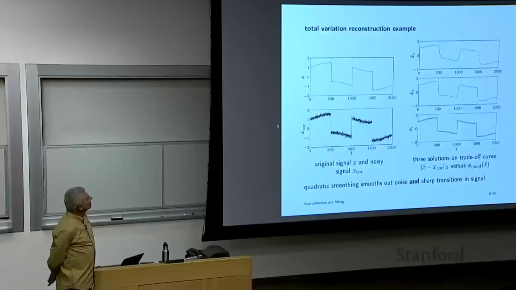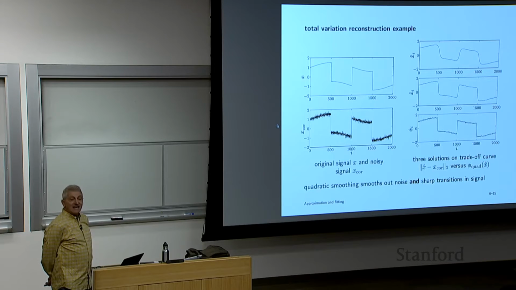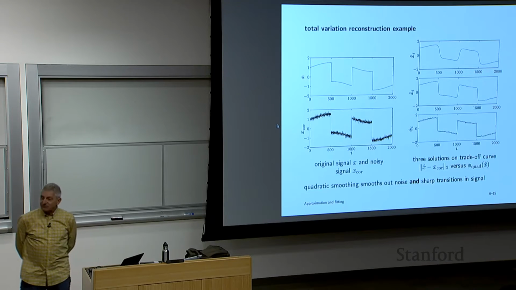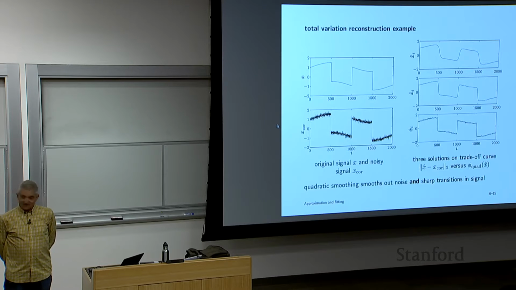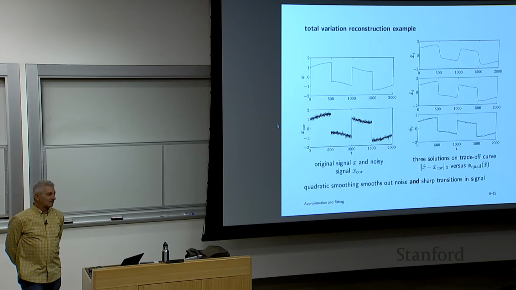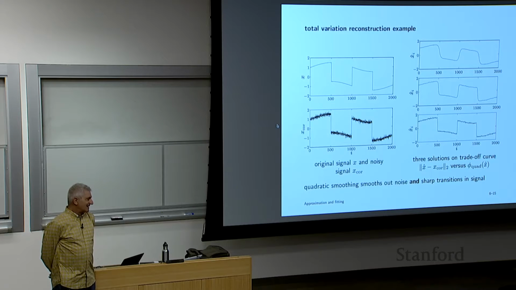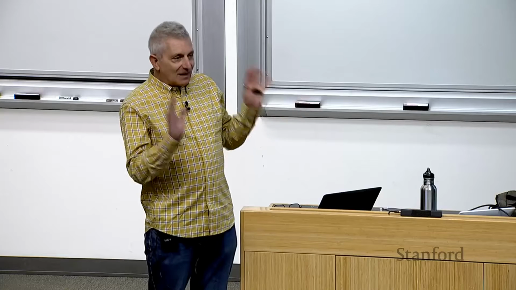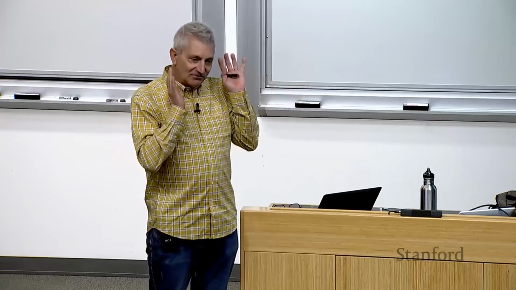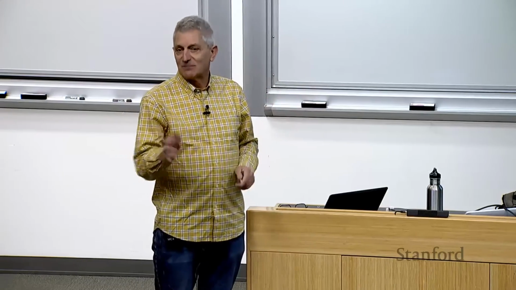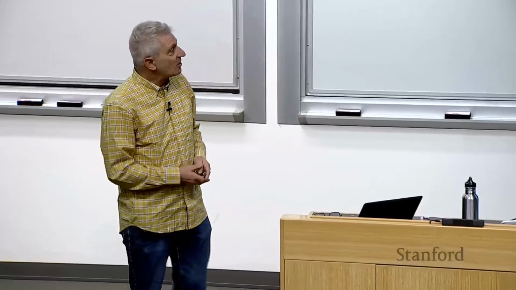Now, when your penalty is an L1 norm on the first difference, that's actually got a name. This is completely standard math. It's the total variation. Literally, in continuous time, it's like the integral of the absolute value of the derivative, and this is the analog of that.